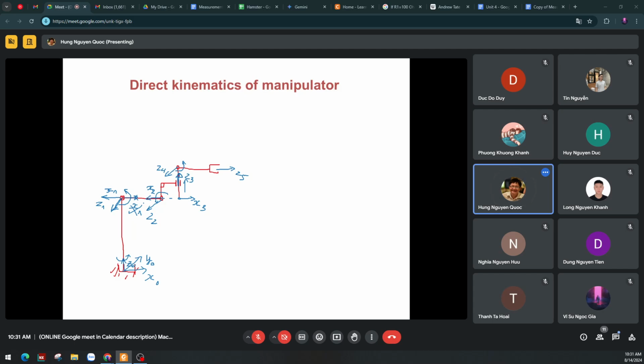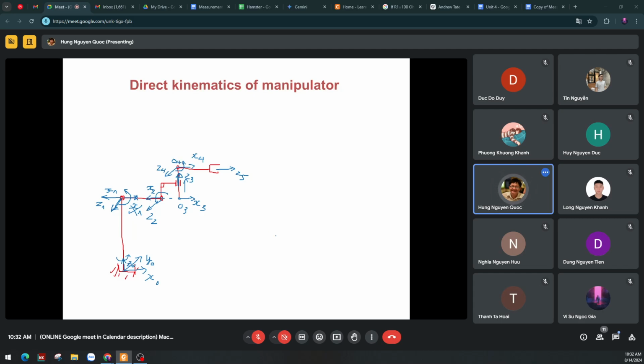So this should be X3 and this should be O3. Remember, don't put O3 here. Then for X4, you can choose here, and of course O4 here.